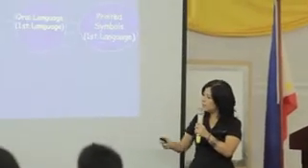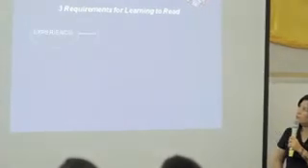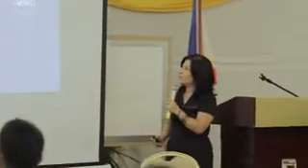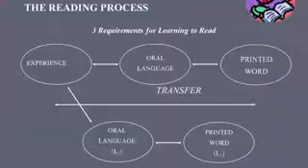Because when we teach the child a second language, there have to be more circles that would come into the picture. Okay, let's look at this one. So that is for the first language. Okay, there is a transfer here. Would you know what transfer would mean? Actually, when we were learning this, we called this learning to read part the transfer stage.